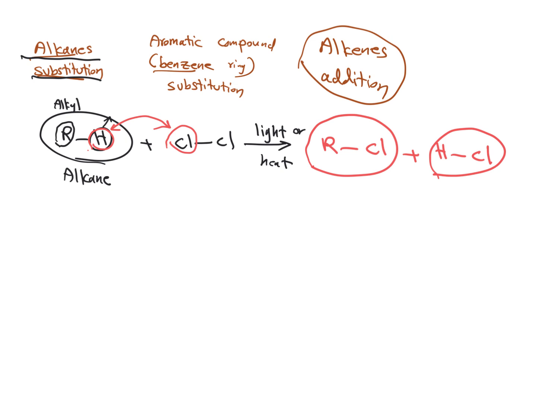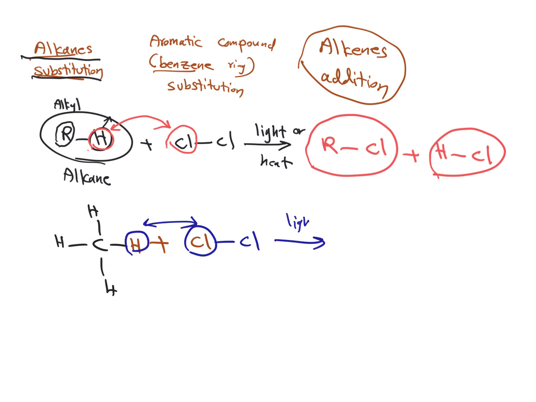So for instance, if you have methane, CH4, and you say CH4 plus Cl2, you switch this Cl and this hydrogen. The product, with light or heat, would be CH3Cl plus HCl. So what we did, we just switched these two atoms.